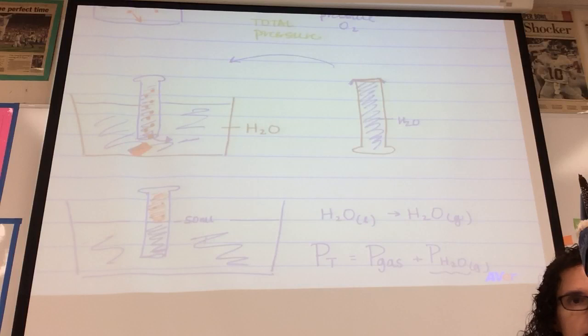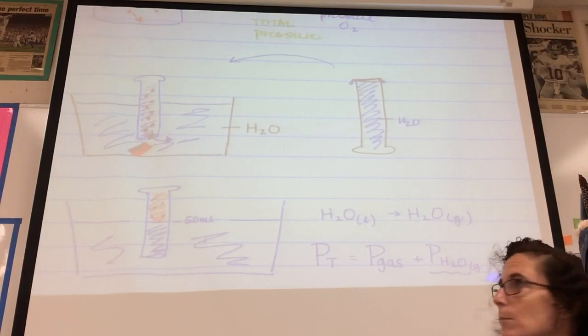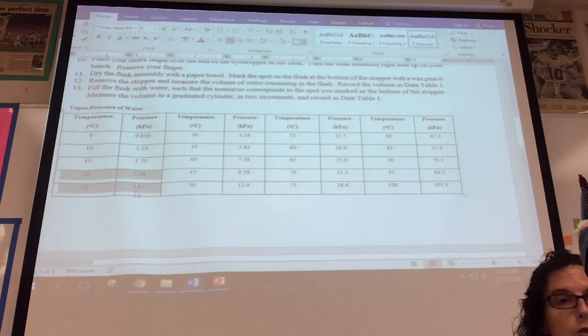So in the previous lab, you saw that at a given temperature, water vapor exerts some pressure on the walls of the container. For example, if the temperature is 20 degrees Celsius, the pressure was 2.34 kPa. If the temperature is 25 degrees Celsius, the pressure is 3.17 kPa.